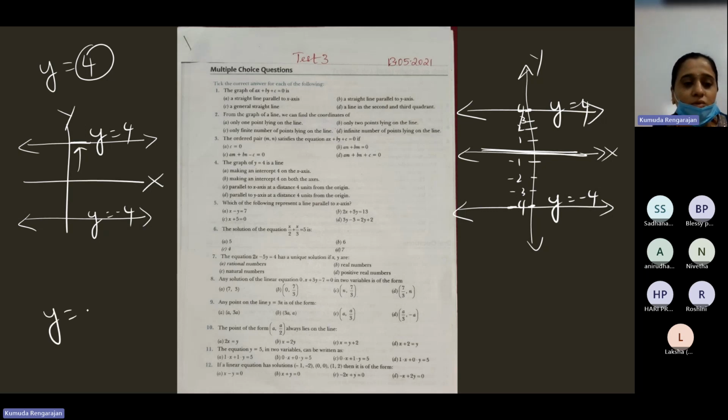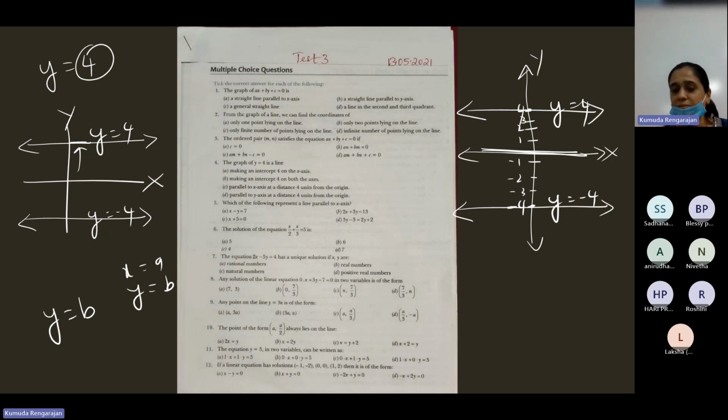Y is equal to 4, or we say y is equal to b, meaning y is equal to a number, a constant. So y is equal to b is a line parallel to the x-axis at a distance of b units above it or below it. If it is positive, it's above. If it's negative, it's below.